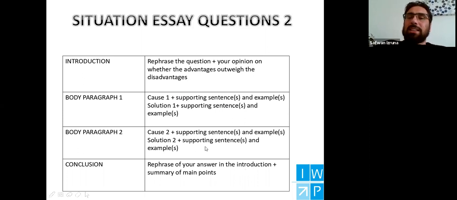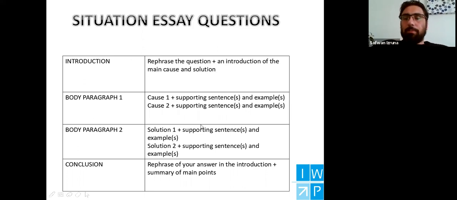And then in the second body paragraph, we can say another principal cause for this problem is, we present it, we support it, we give reasons why it's a cause and examples, and we also automatically give a solution for it. So I like this approach a lot better than the first approach.